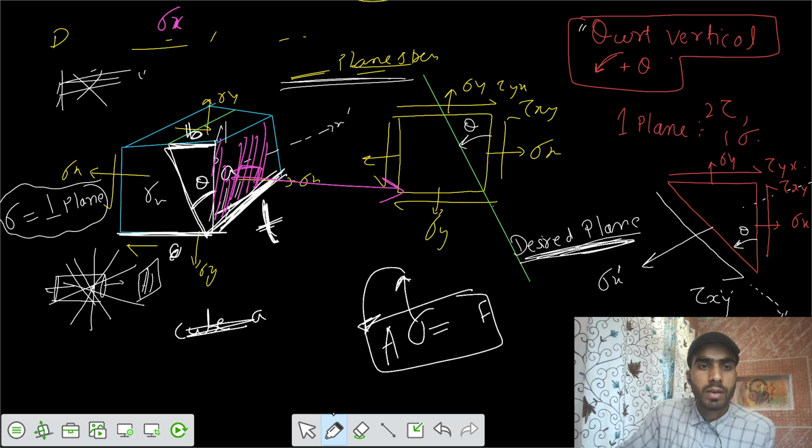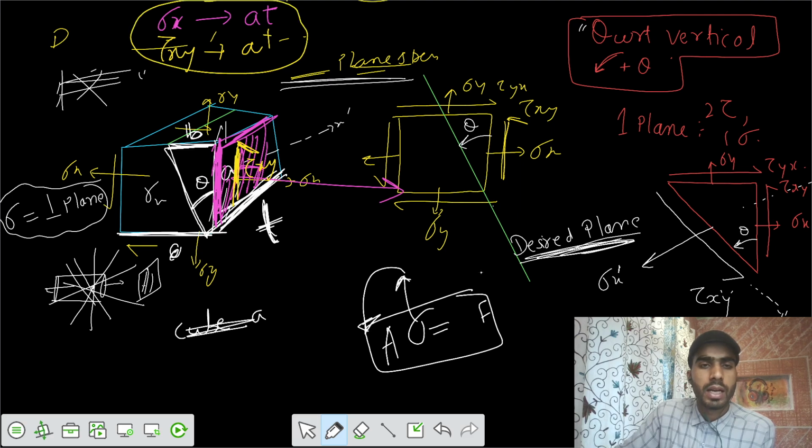The area of that plane would be a into t, so sigma x is acting on a into t. And similarly, this was our tau xy. It is acting also on the same plane, parallel to that plane. Tau xy is also acting on a into t.